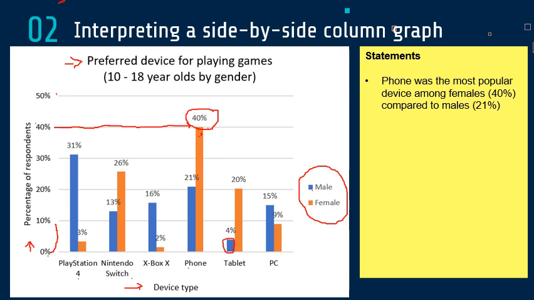I kind of like it with the data labels because it just makes it a lot easier. But here I can see that 40% of females preferred mobile phones compared to only 21% of males. So almost double the amount of females, or proportion of females, preferred mobile phones than their male counterparts.